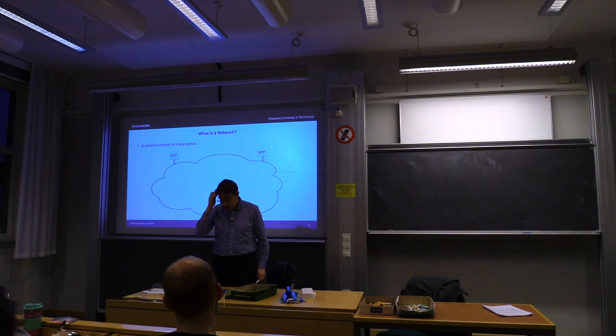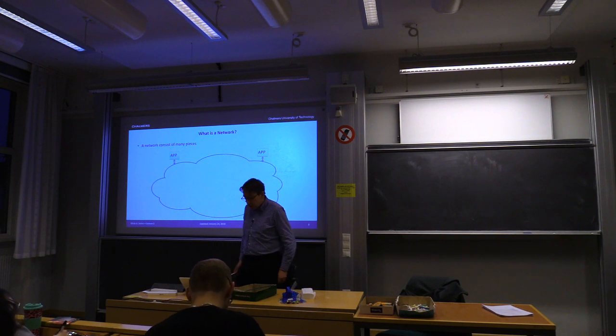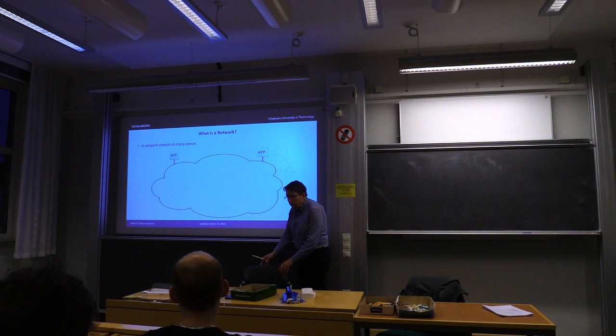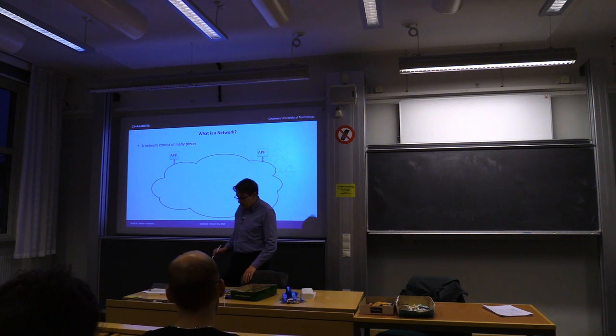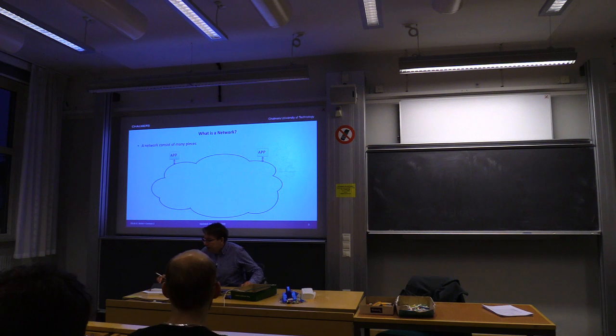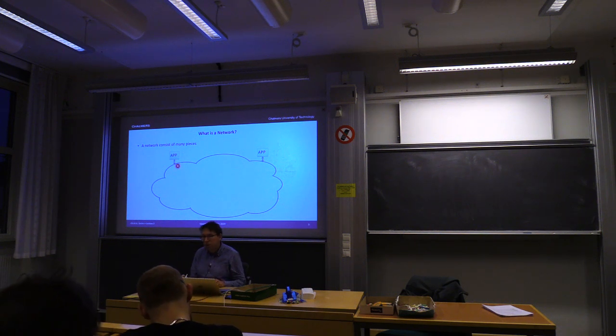All right, so let's talk about networks. What are networks? They consist of many pieces, right? In essence, we have this cloud abstraction for a network, and then we have some application which is running on a host computer which is attached to this network, and needs to talk to some other application at some other node.